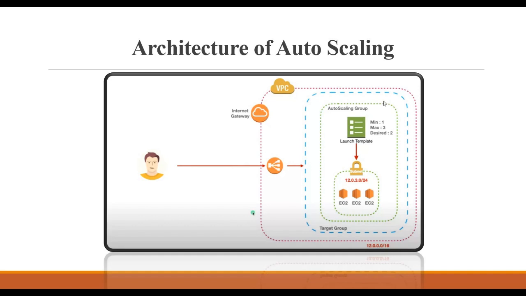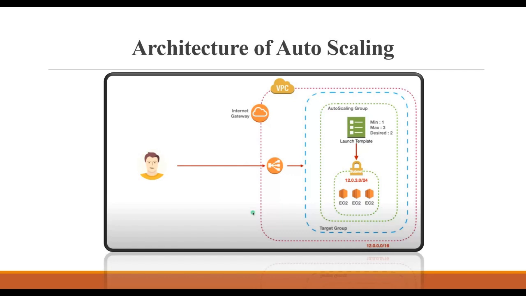And the target group, the load balancer integrations, Elastic Load Balancer in AWS, similar services in other clouds, distribute the incoming traffic to healthy instances. So in case it's unhealthy, it terminates and creates the healthy instances.